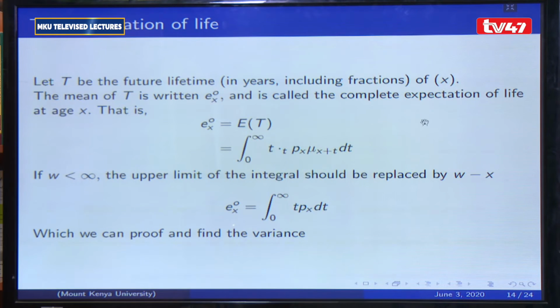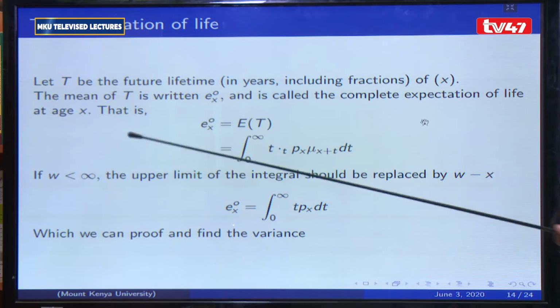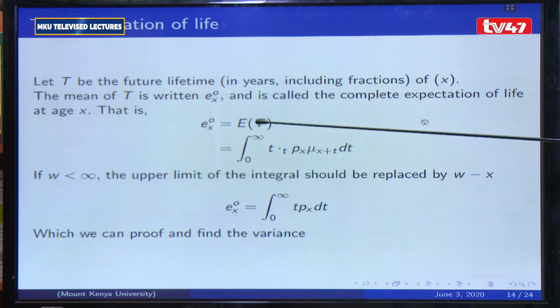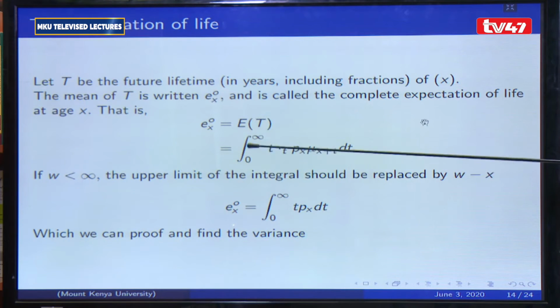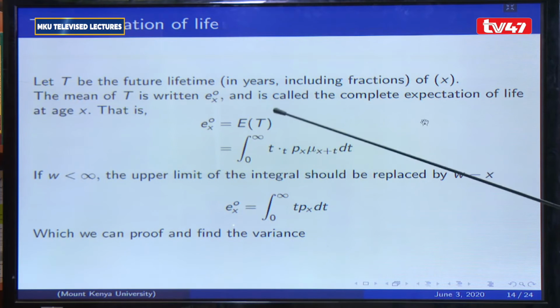So we get the complete expectation of life for a given life, and it is given by the expectation of the mean of T, which is simply the integral from 0 to infinity, t multiplied by tpx mu x plus t.